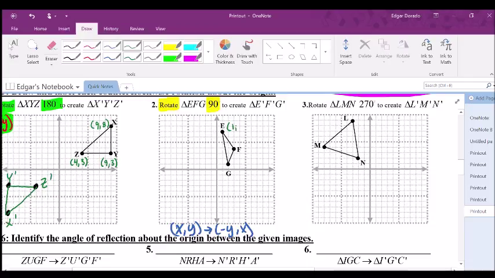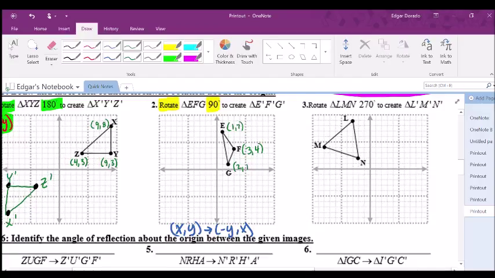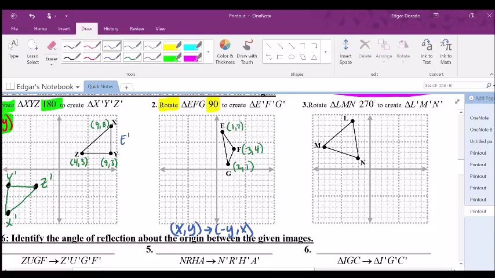Okay, so once again, let's go ahead and find our coordinates here. This is (1, 7). This is (3, 4). And finally, this is (2, 1). So my new coordinates have to be E prime, F prime, and G prime.